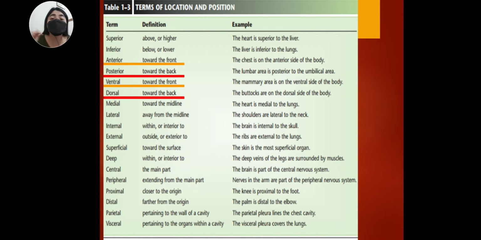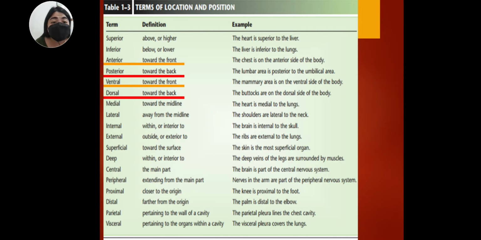Nerves in the arm are part of the peripheral nervous system. So the brain is the main part of the nervous system, but the extended part is the nerves. That's why it's called peripheral, and we can use the term peripheral for the location of nerves.